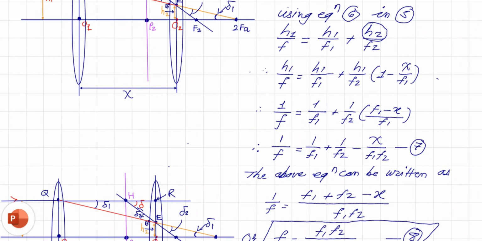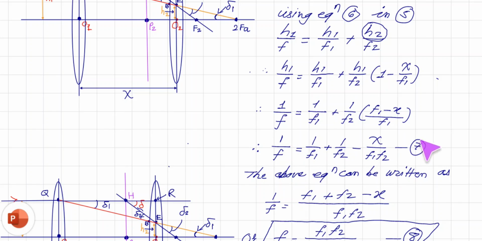From this relation we get 1 upon f is equal to 1 upon f1 plus 1 upon f2 into f1 minus x upon f1, and finally 1 upon f is equal to 1 upon f1 plus 1 upon f2 minus x upon f1 f2.